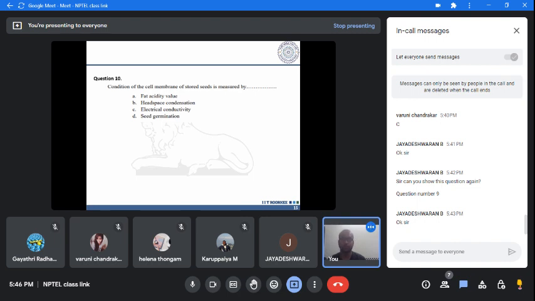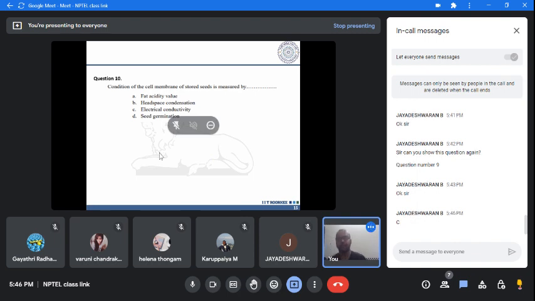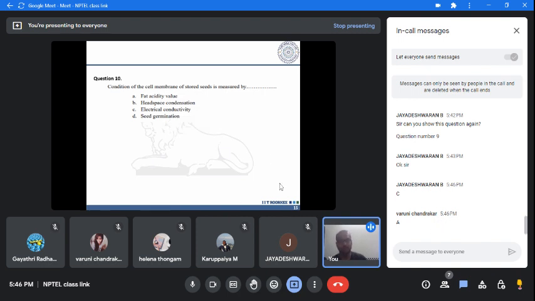So you need to tell here whether it will be the fat acidity value, headspace condensation, or electrical conductivity or seed germination. So Jadeswaran is saying C, electrical conductivity, and Varun is saying A, fat acidity value. Okay, anybody else?